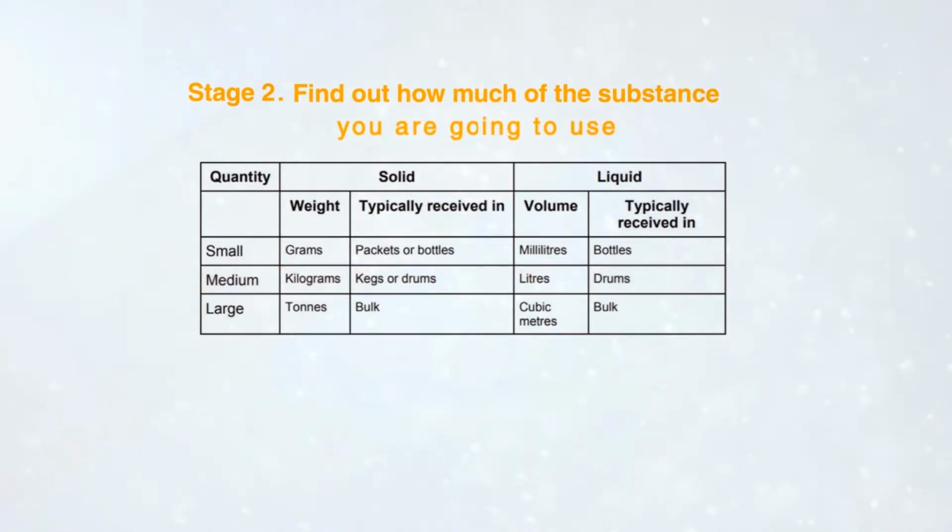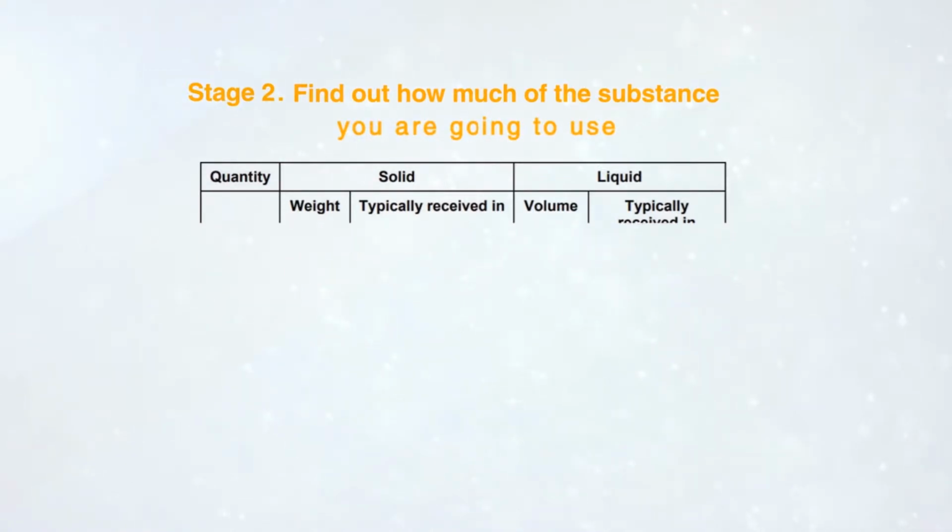If the usage of this chemical is in tons, then the quantity will be termed as large. Similarly, if the chemical is in liquid form, if it is used in milliliters, it will be termed as small. If it is used in liters, the quantity will be termed as medium. If the liquid we are using in our workplace is in cubic meters, it is a bulk volume, then the quantity will be termed as large.